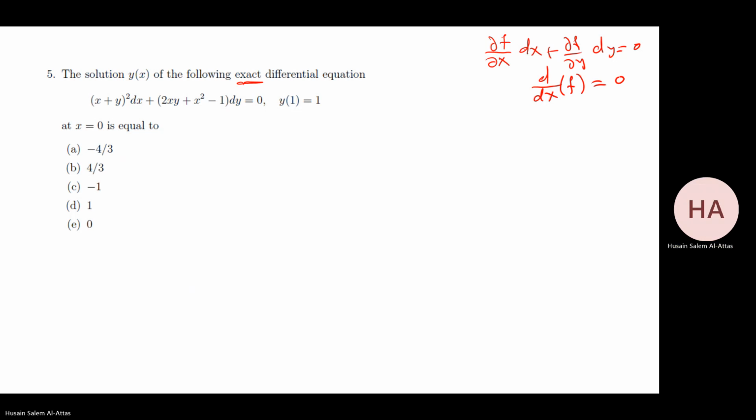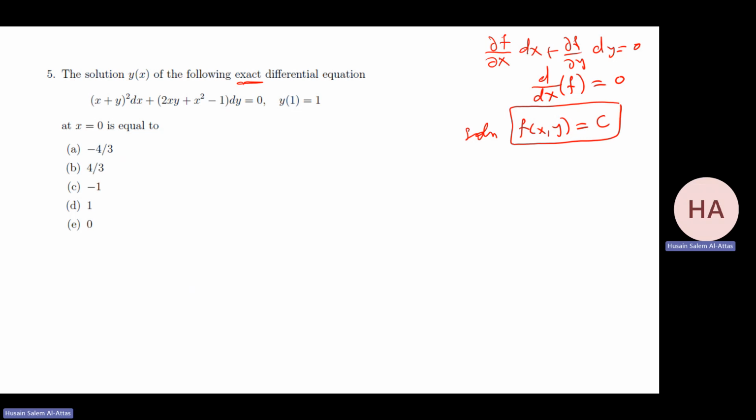I mean, the complete derivative df over dx is partial f with partial x dx plus partial f with partial y dy. So it means the solution is f equals c. That will be my solution.